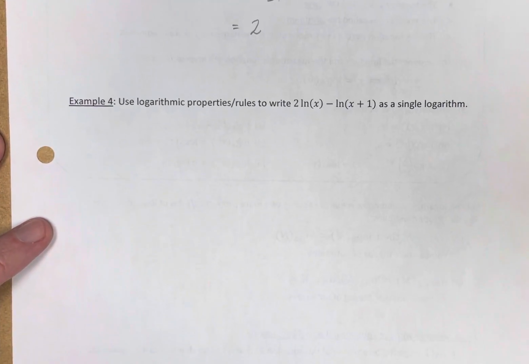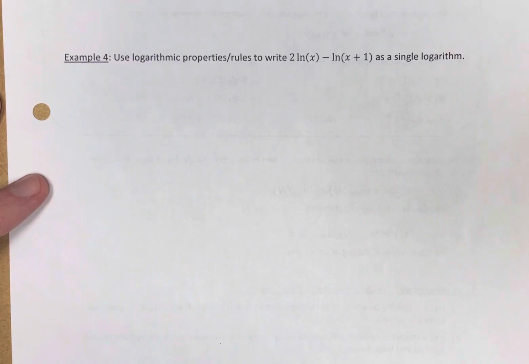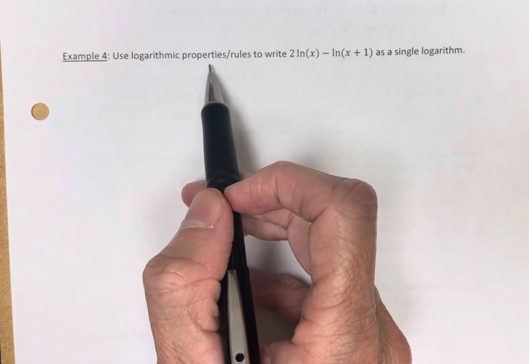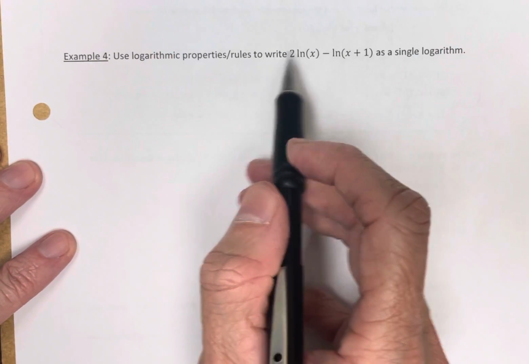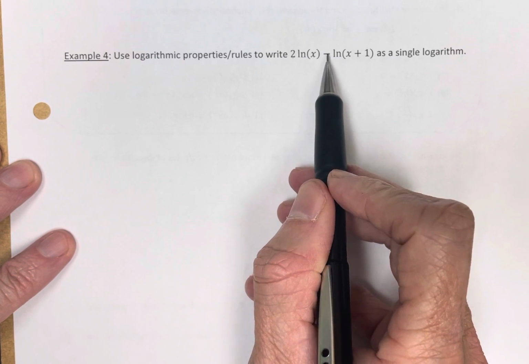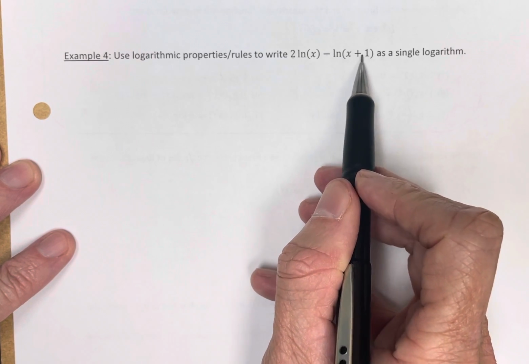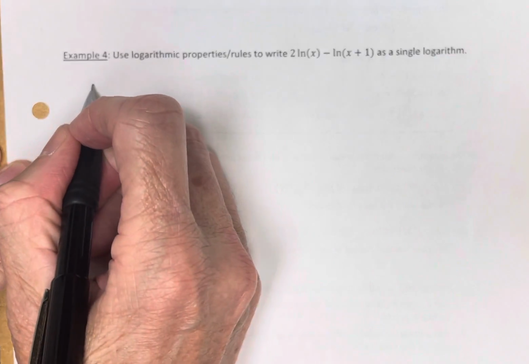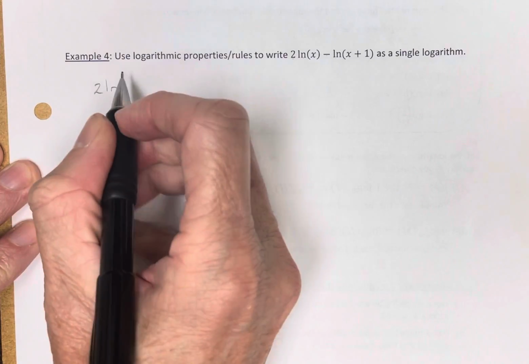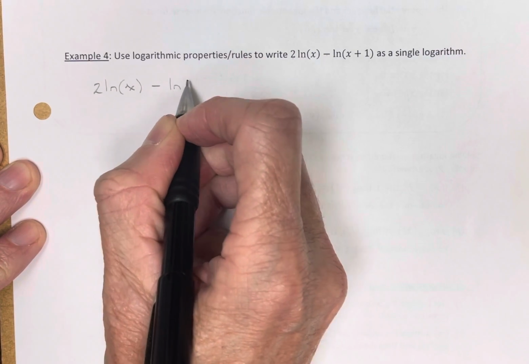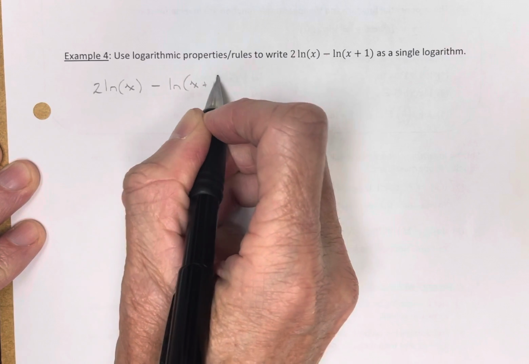Let's do one with that natural log, that base e, okay? Use logarithmic properties or rules to write this, which is 2 natural log of x minus the natural log of x plus 1, as a single logarithm. So let's start off. I'm just going to copy it, 2 times the natural log of x minus the natural log of x plus 1.